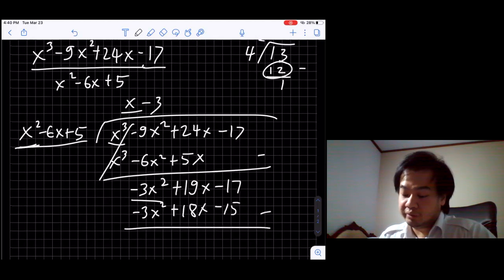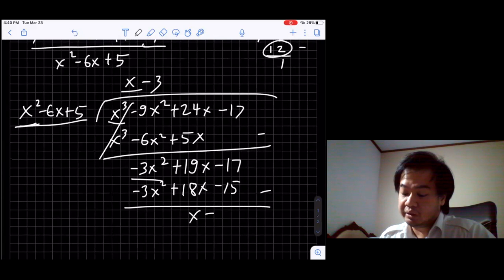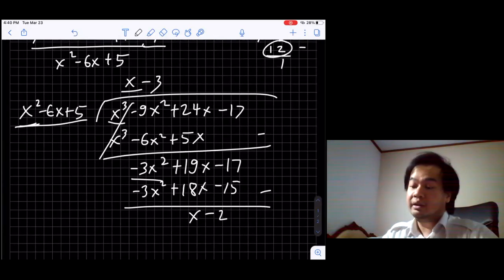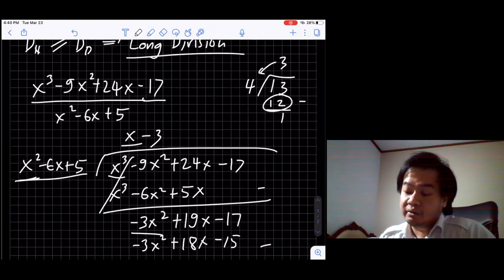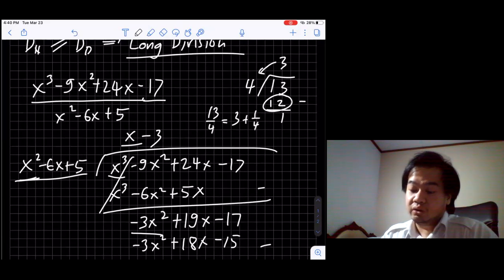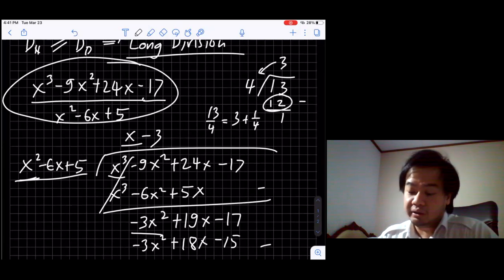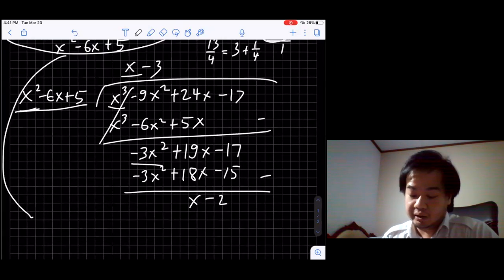Do another subtraction, you will have x minus 2. Like you write 13 divided by 4 is equal to 3 plus 1 over 4, so then this can also be written as x minus 3, the quotient, plus the remainder divided by the divisor.